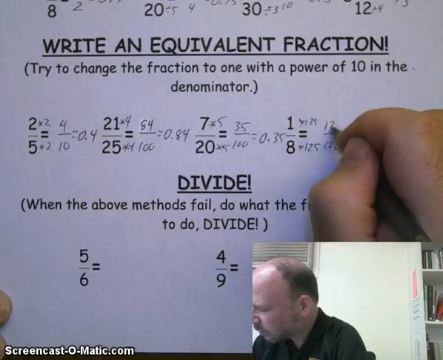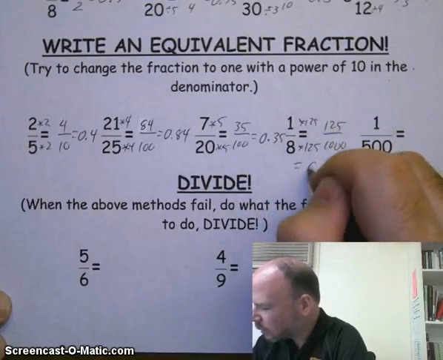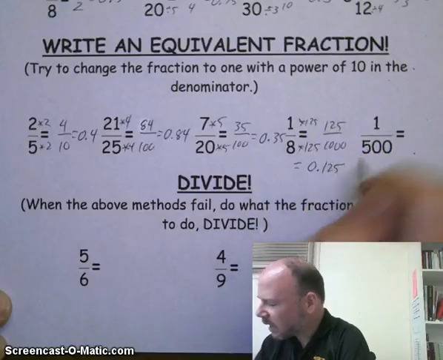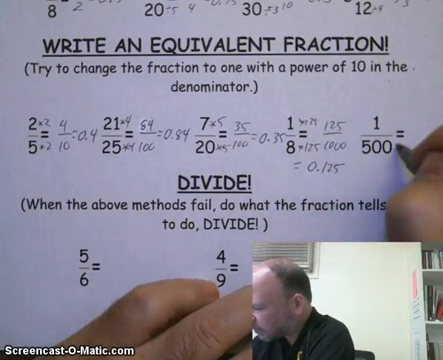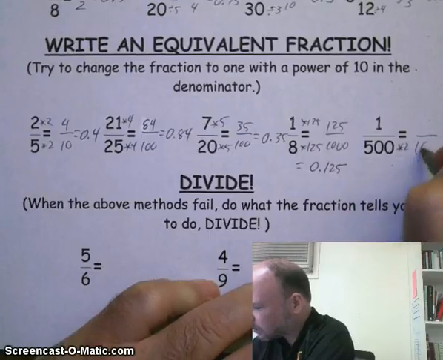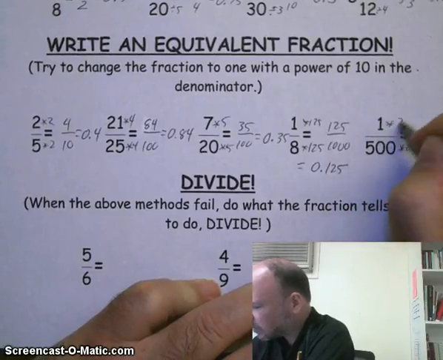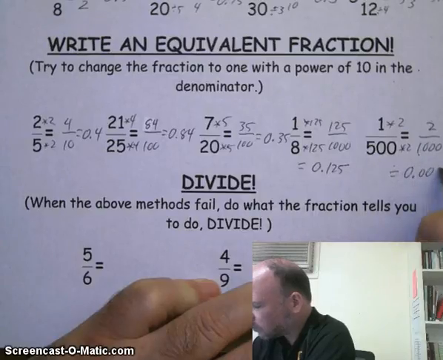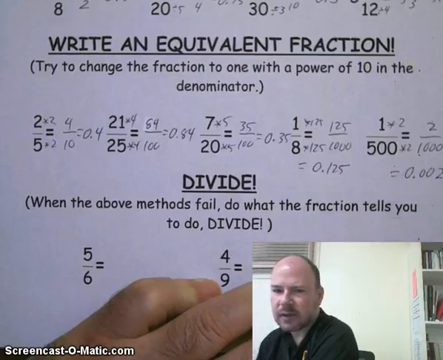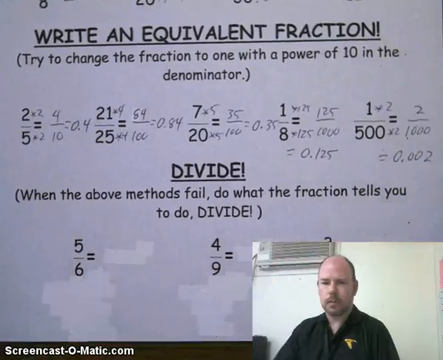So that's 125 over 1,000, or the decimal 125 thousandths. And then 1/500, 500 times 2 is 1,000. So 1 times 2, 2/1,000ths, we get 2 in the thousandths place.